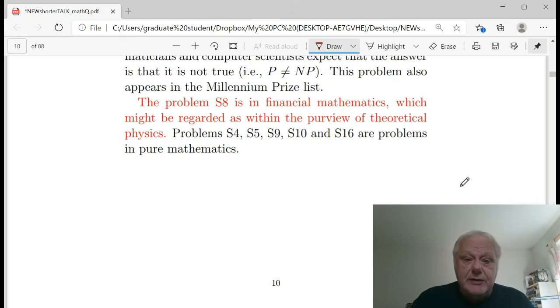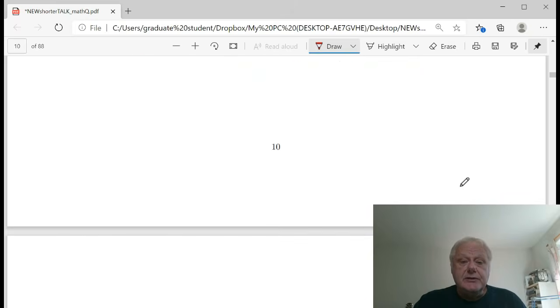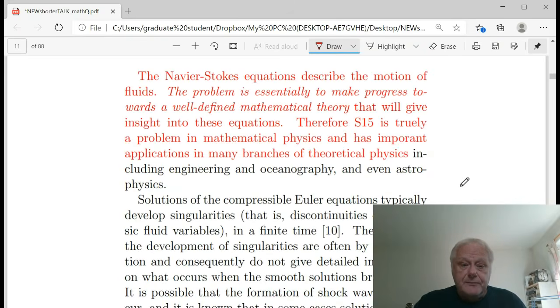Financial math could be regarded as an area of mathematical physics, and again it's looking at the well-posedness of the differential equations that represent the models. Navier-Stokes equations are the equations that govern the motion of fluids and gases. And there are well-defined differential equations that represent the models that one is studying.